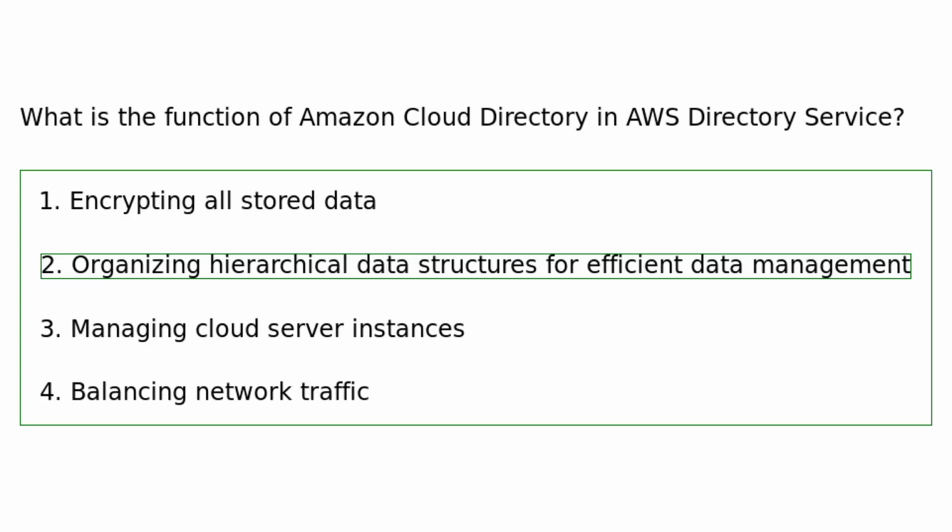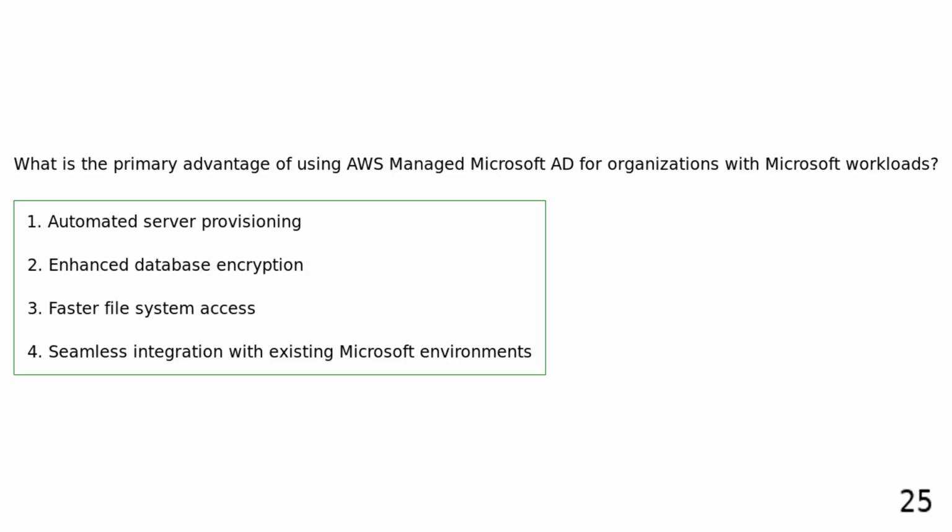Amazon Cloud Directory is used for organizing hierarchical data structures efficiently, making data management and access control tasks easier through structured data hierarchies.